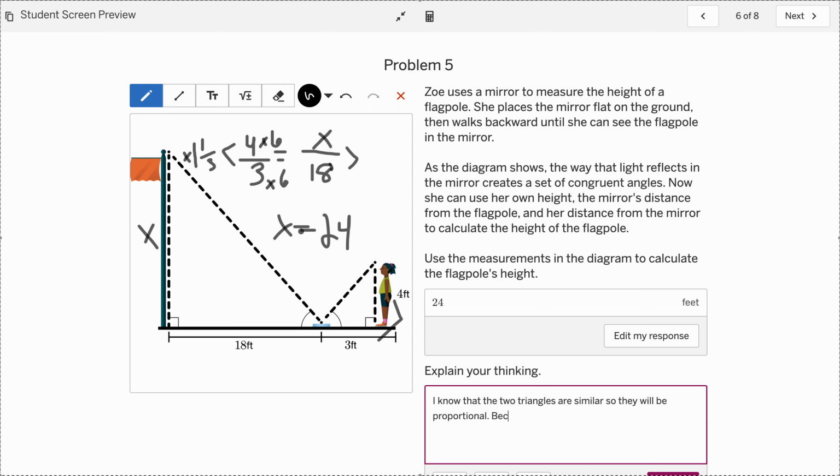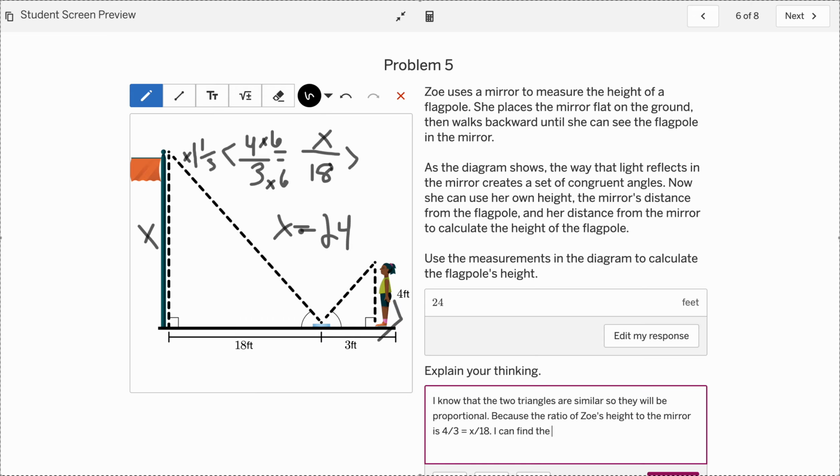proportional. Because the ratio of Zoe's height to the mirror is 4 to 3, I know that's going to be equal to something over 18.